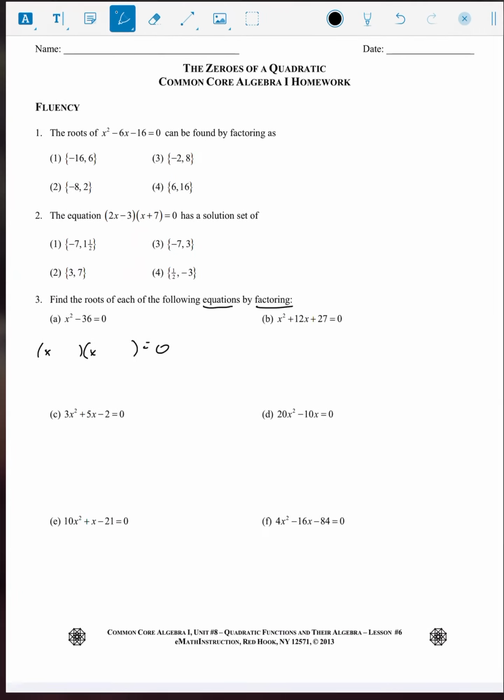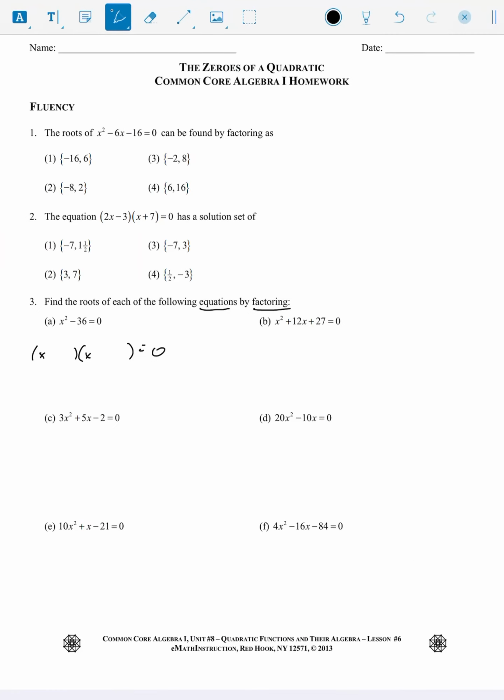And part A happens to be a perfect square, meaning that 36 is a perfect square. 6 times 6 is 36. Now the negative sign tells me that my signs have to be opposite, and I'll place both 6's in there. Okay, now we go ahead and solve, and we have x plus 6 equals 0 and x minus 6 equals 0, and we'll get x equals negative 6 and x equals 6.